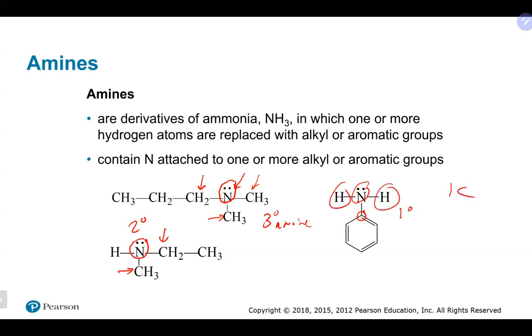It's got two hydrogens. This guy has two carbons attached, has only one hydrogen. And this guy at the end here has no hydrogens because it has three carbons attached. So the hydrogens decrease every time you add a carbon-containing group to the nitrogen. These lone pairs still remain, though, on the nitrogen, the dots and stuff like that.